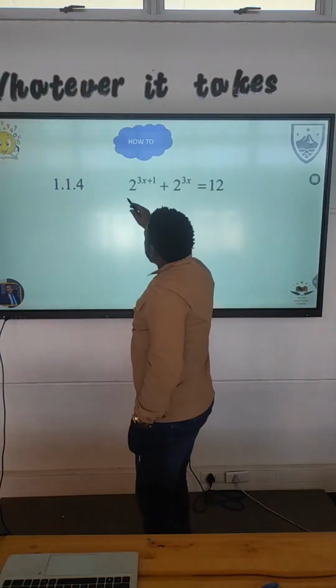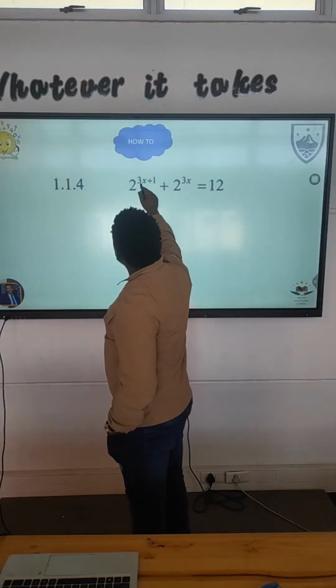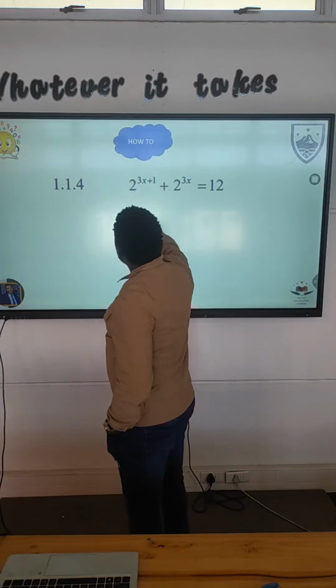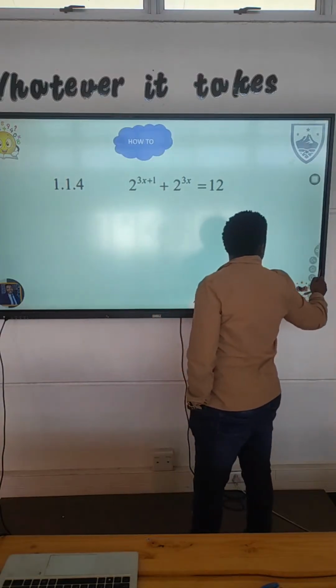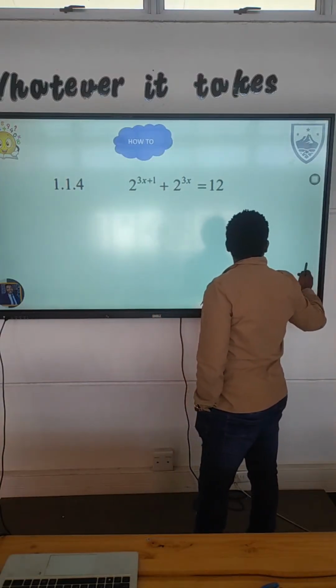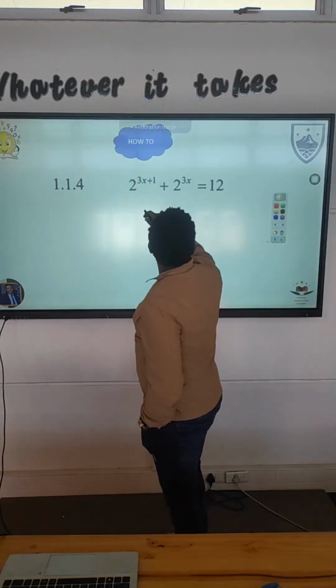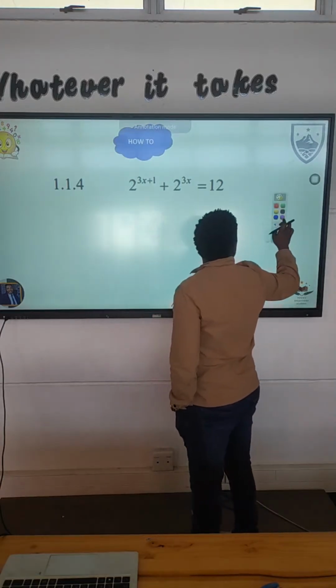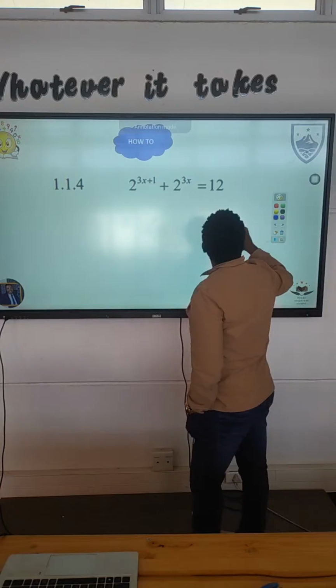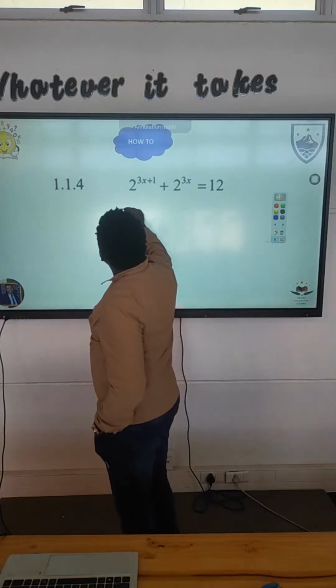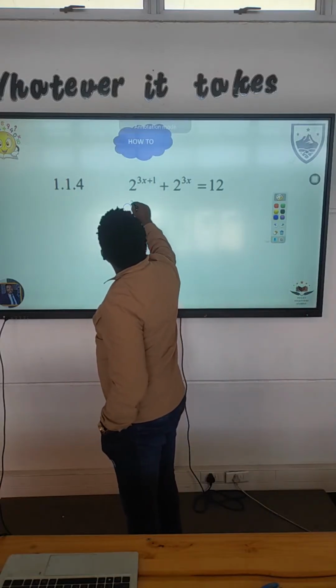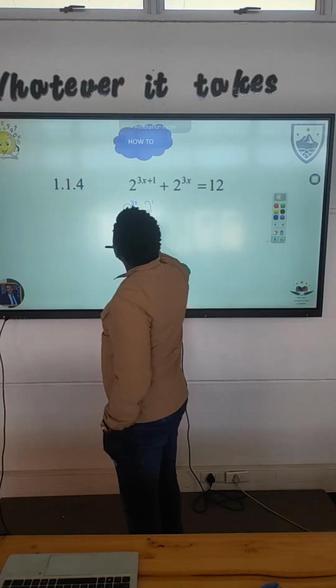Because when you look at the laws of exponents, we said we can reverse the product of 2 exponents. So this will be the same as 2 to the power of 3x multiplied by 2 to the power of 1.